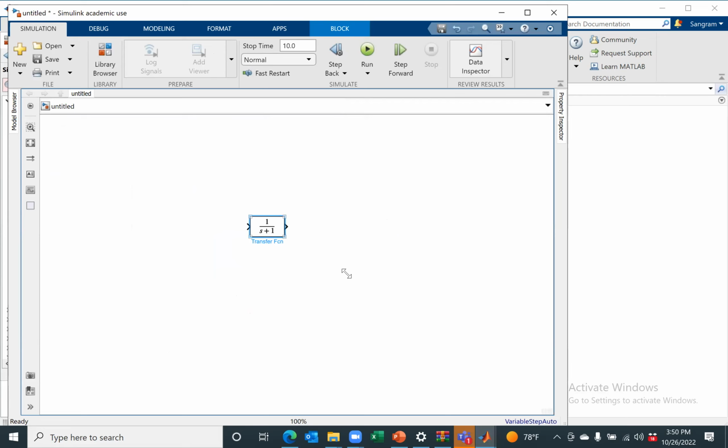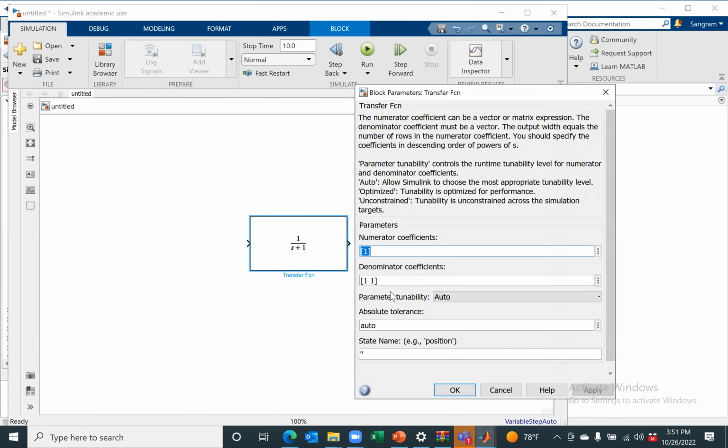Can you see that the transfer function is showing 1 divided by s plus 1? But I want this transfer function to be 1 divided by s square plus 1. So this transfer function is nothing but 1 divided by s square plus 0s plus 1.